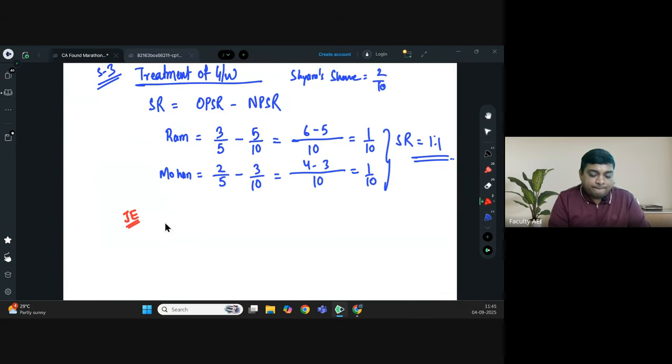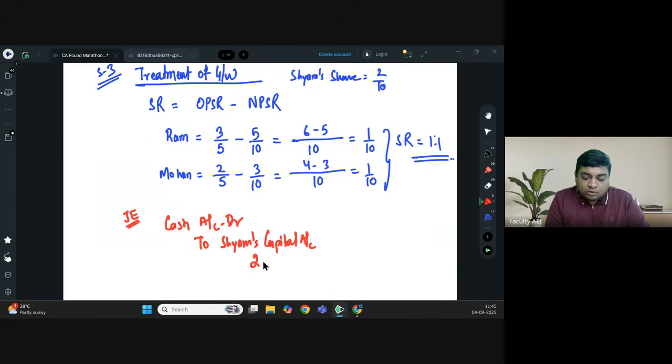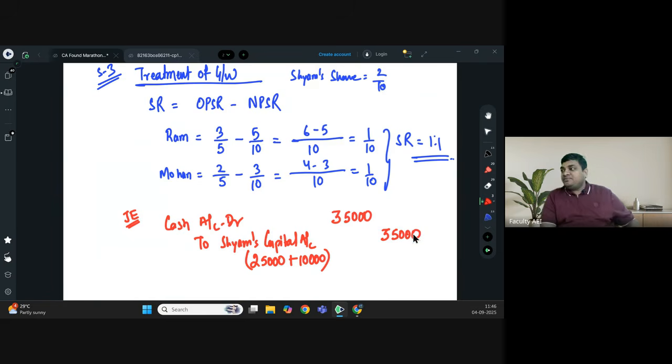Journal entry. Cash account debit to Shyam's capital. 25,000 he is getting as capital and 10,000 he is getting for goodwill. 35, 35. In the question it is clearly written how much he is getting. Done.